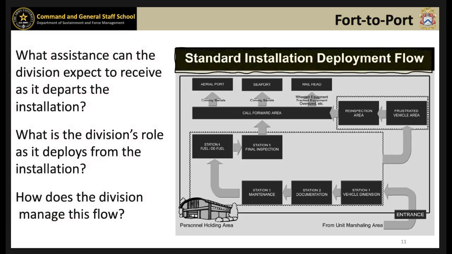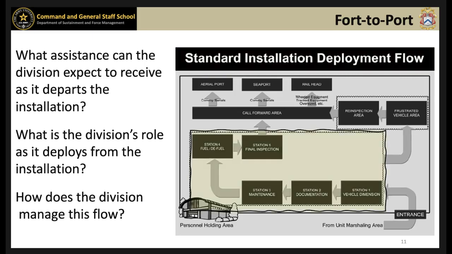The diagram on your right is intended to depict the flow of unit personnel and equipment at the installation level. Every Army installation is different, so don't get stuck thinking about this model as the ground truth. It is simply a construct to help you understand the general steps involved.